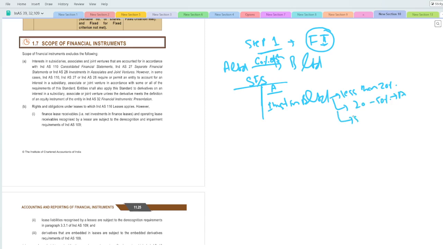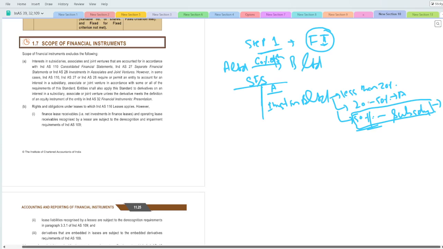And if it is more than 50%, then it is your subsidiary, correct? Normally. But now the control definition is changed, but this still exists. If you're owning more than 50%, then it can become your subsidiary. That we will see later once we cover Ind AS 110. There this control definition is also there.